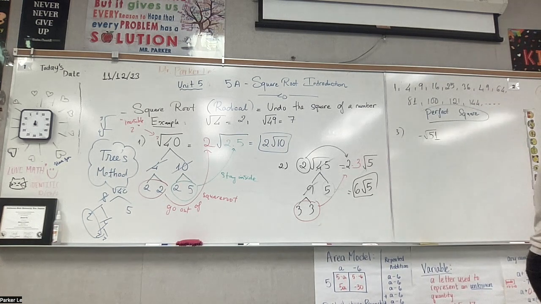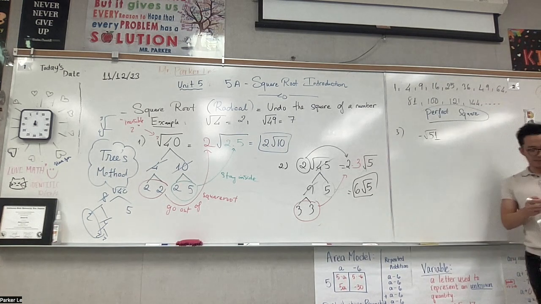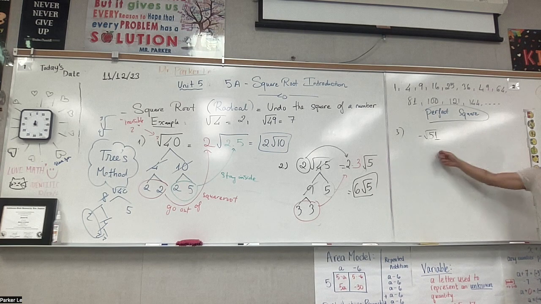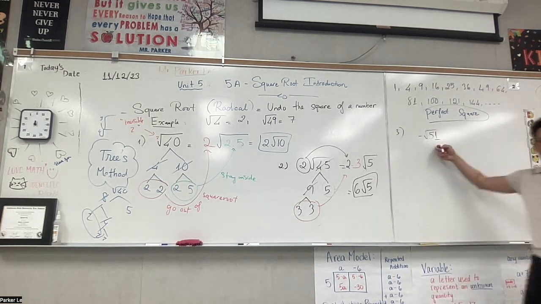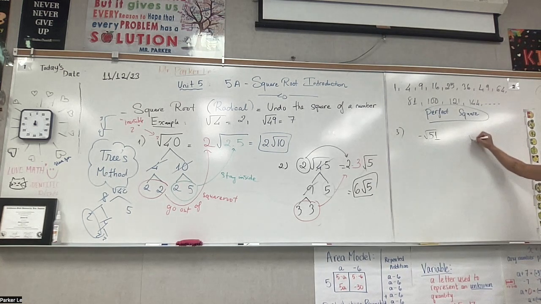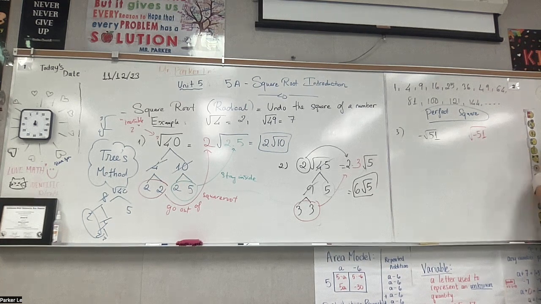Okay. Negative square root of 51. Before we do anything more on this, I'm going to ask you: is this and this the same? Who says they are the same? Okay, so you all say they are different.